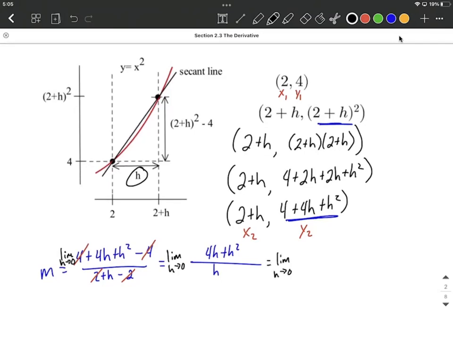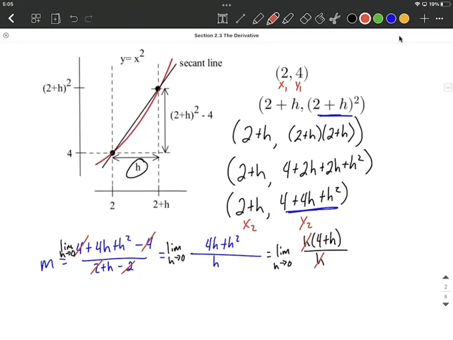I'm going to bring along our limit as h approaches 0, but I'm going to simplify by factoring out a common factor from our numerator, the h. That'll leave us with 4 plus h inside a set of parentheses and h in the denominator. And now we have factored, so we can cancel out, or simplify by eliminating, that common factor between numerator and denominator.